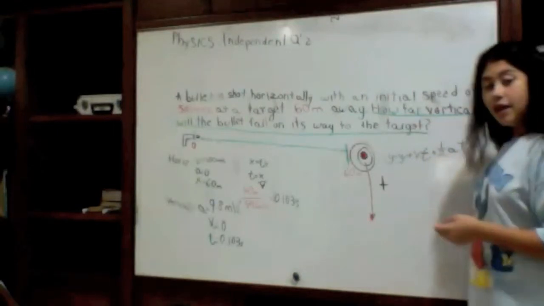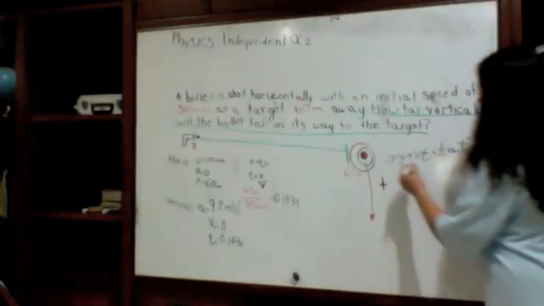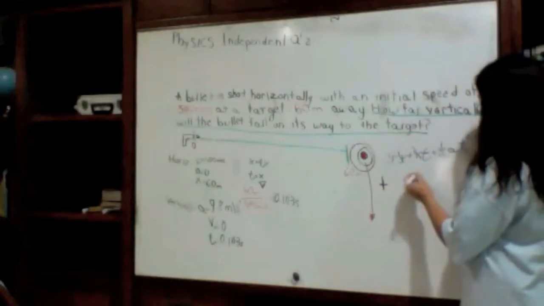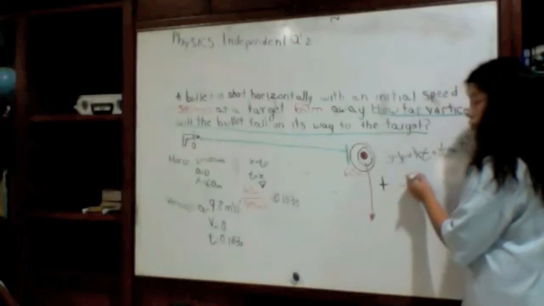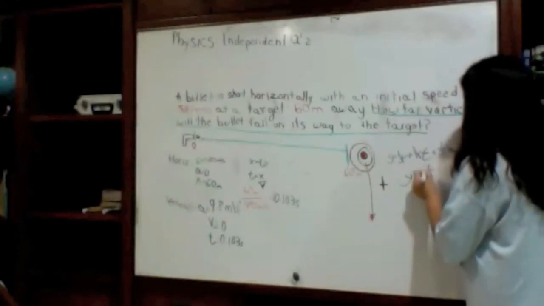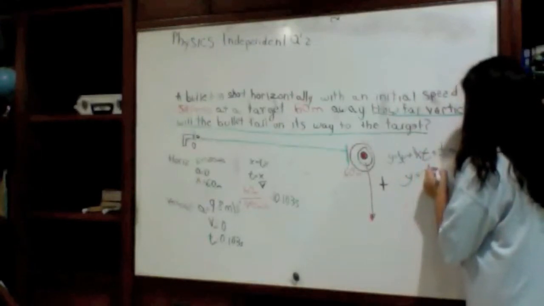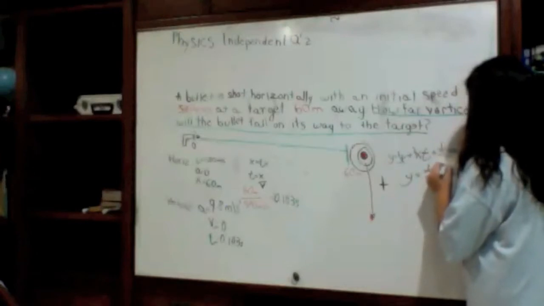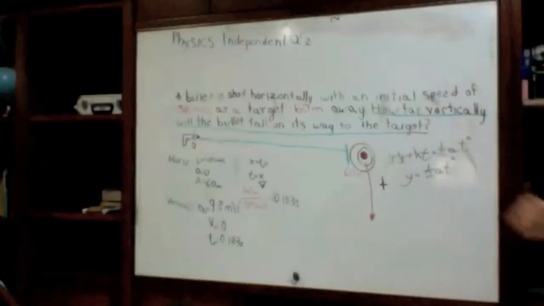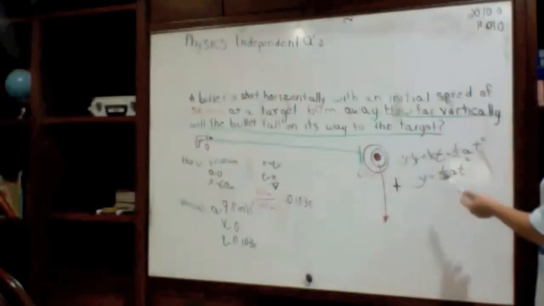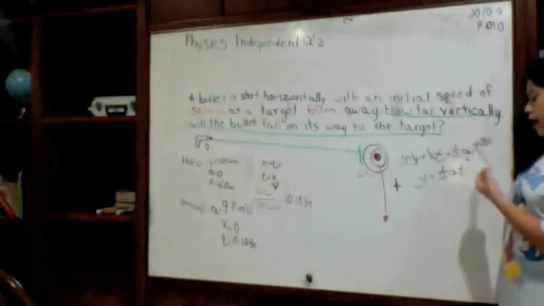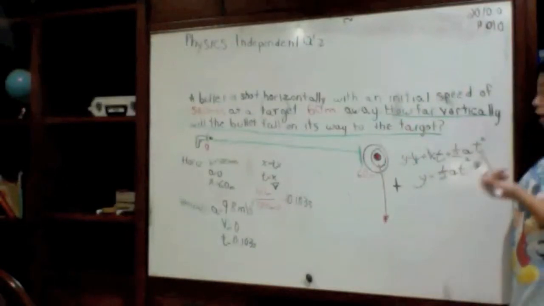But since our initial position and our initial velocity are equal to 0, we can cancel those, and that would be position equals 1/2 a t to the power of 2. So the equation will be position equals 1/2 a t squared.